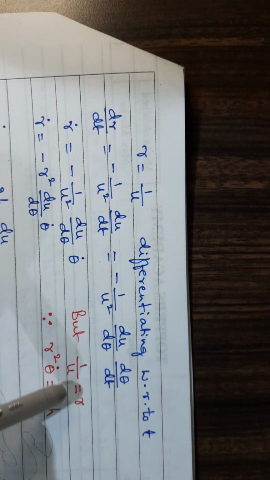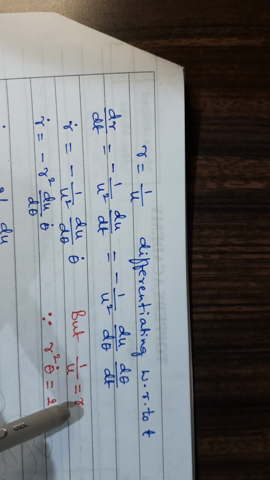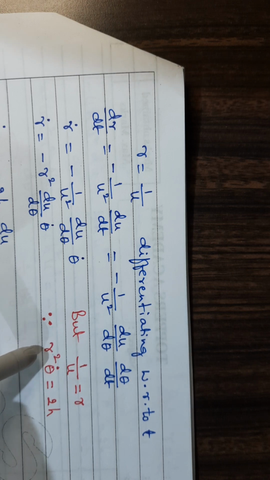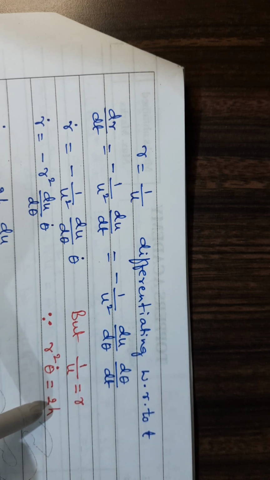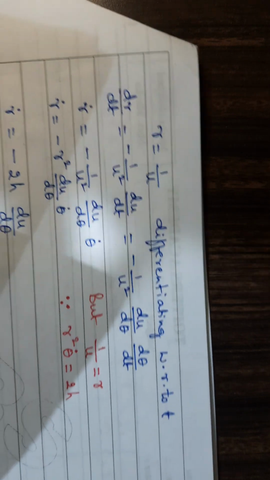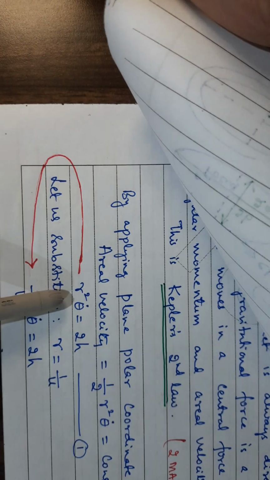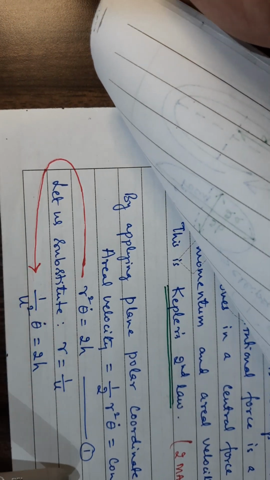Therefore, r square theta dot is equal to 2h. We know this also: r square theta dot is equal to 2h by the previous idea. That is equation number 1.